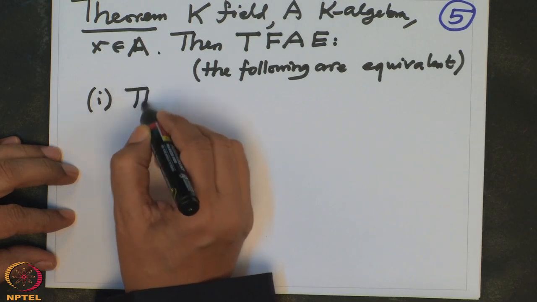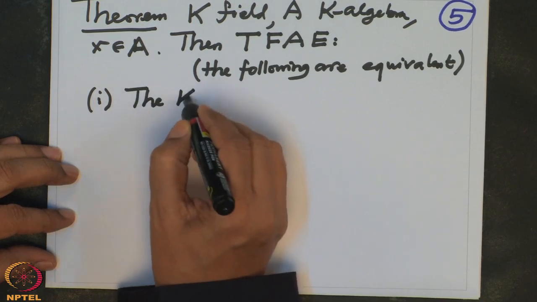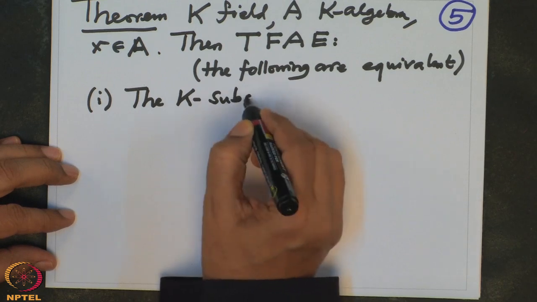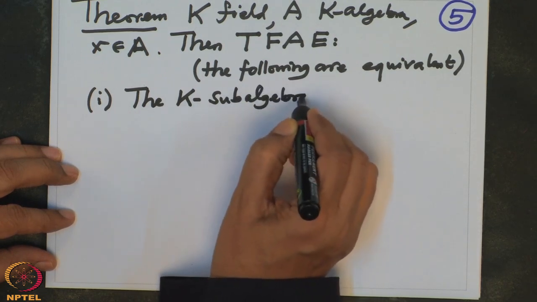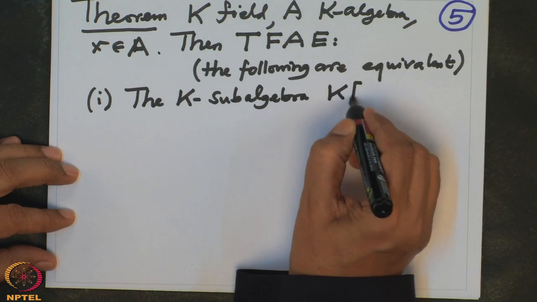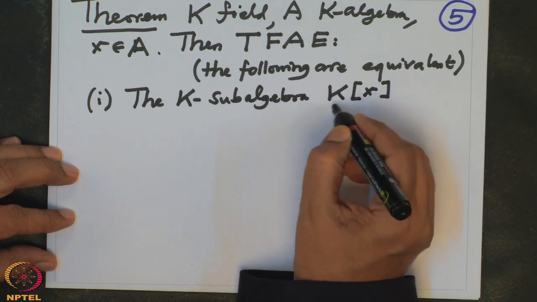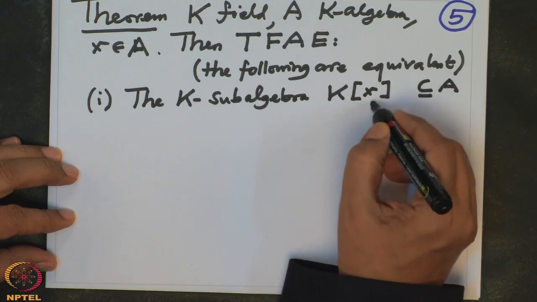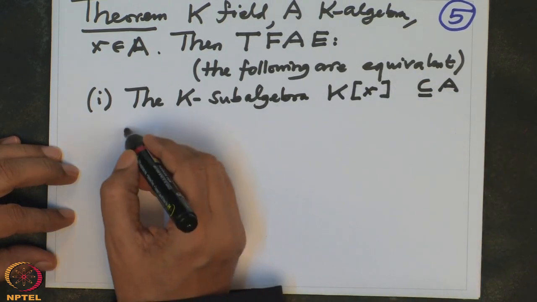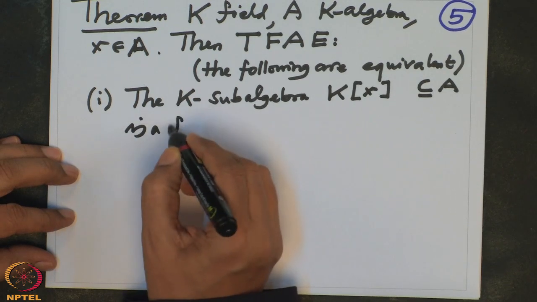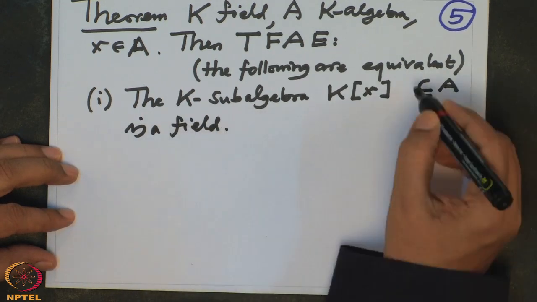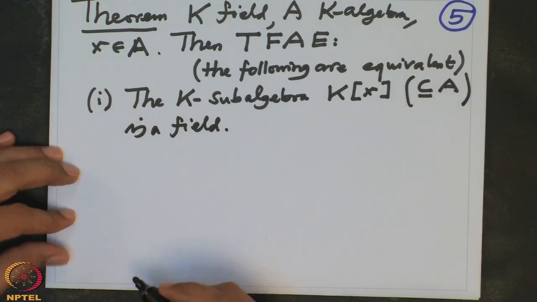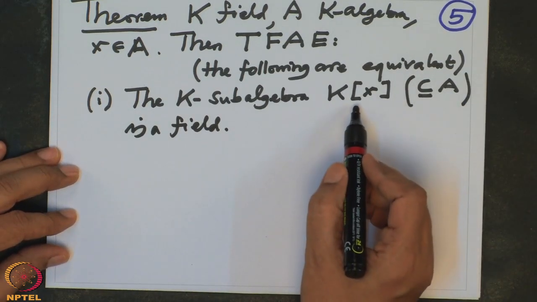Okay, so, 1, the K subalgebra K[x]. This is a subalgebra of A generated by x, is a field. Remember, what do we know? This is a subalgebra and all elements are precisely the polynomials evaluated at that x.